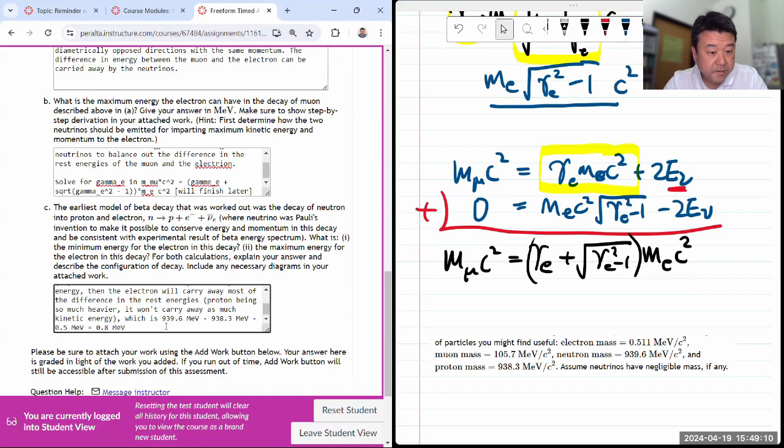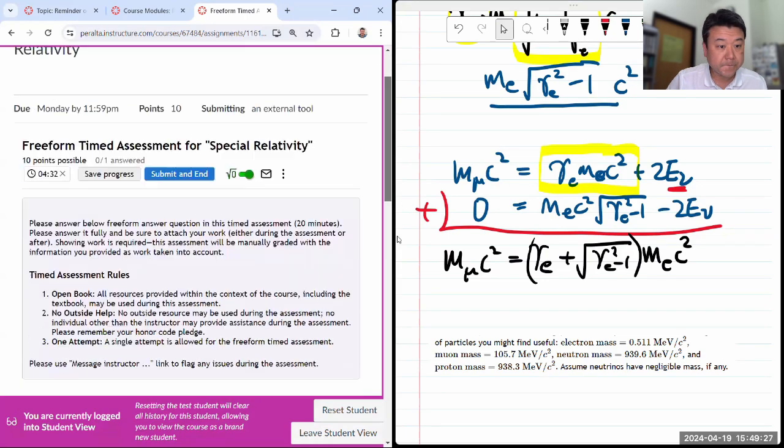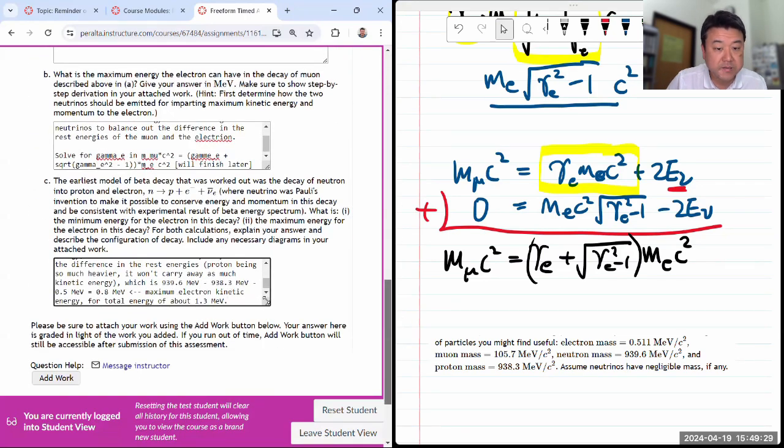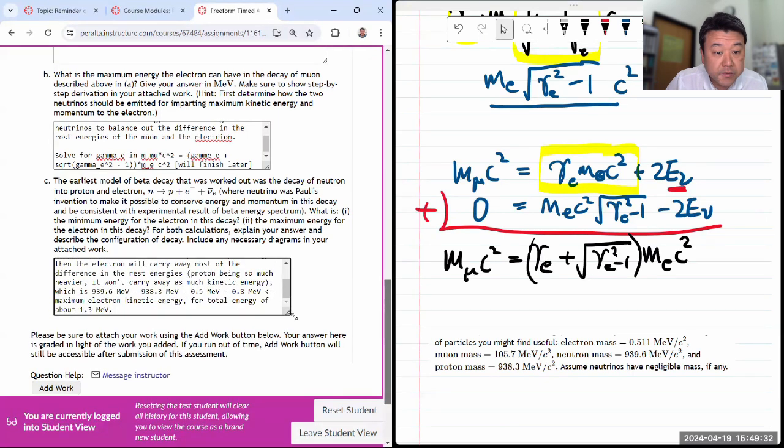I think that's the maximum electron kinetic energy, for a total energy of about 1.3 MeV. Alright, how much time? Okay, 4 minutes. Okay, so I think part C is done there.